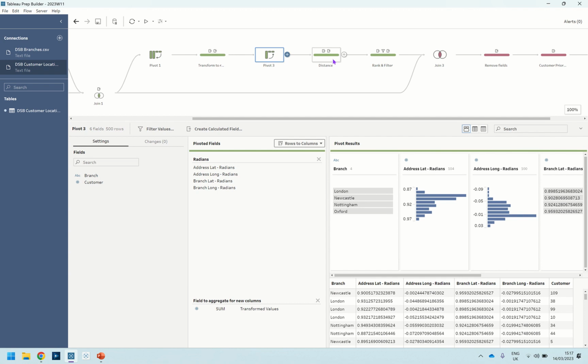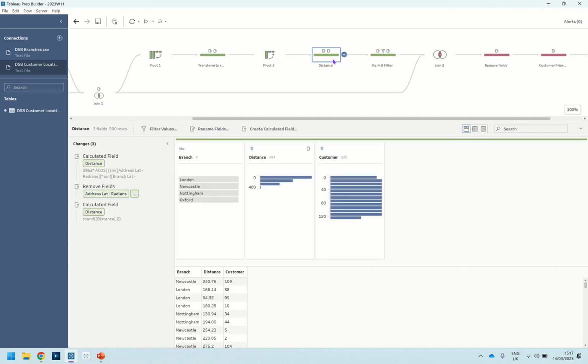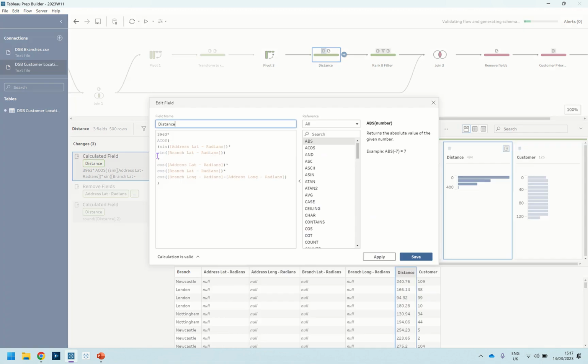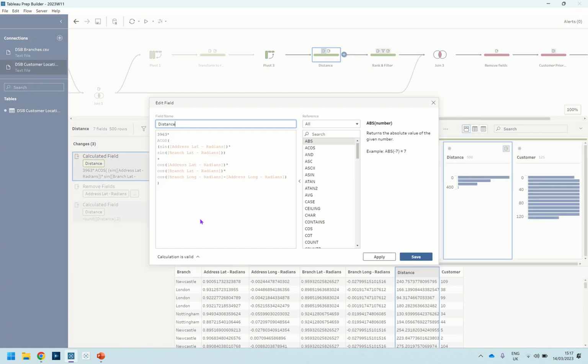Okay. Then I can go and use that very long distance calculation, typing very carefully to make sure that I type it all correctly. So 3,963, that's the radius of the Earth, and we're multiplying that by all this long formula here, which I won't go through in detail, but making sure that in my case, I used the address as 1 coordinates, and I use the branch as 2 coordinates.